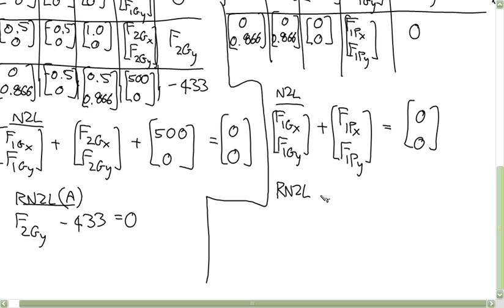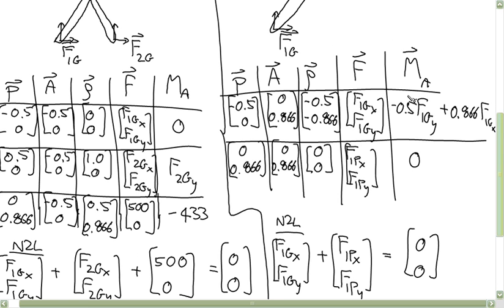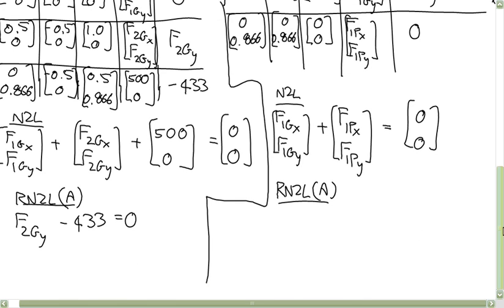And the moment equation says this expression is equal to 0. Negative 0.5 f1gy plus 0.866 f1gx is equal to 0.